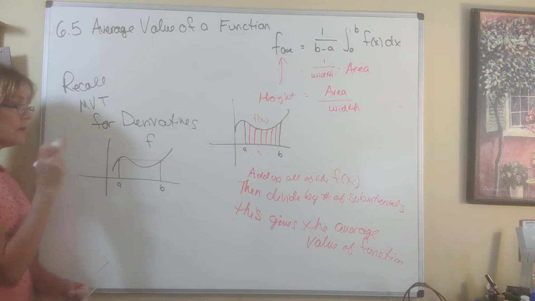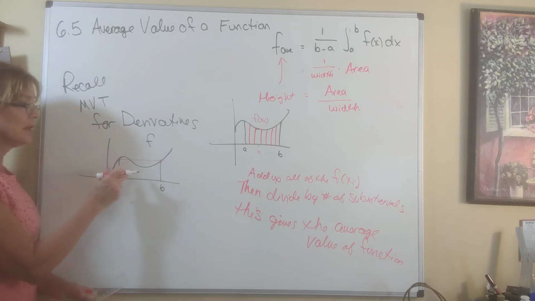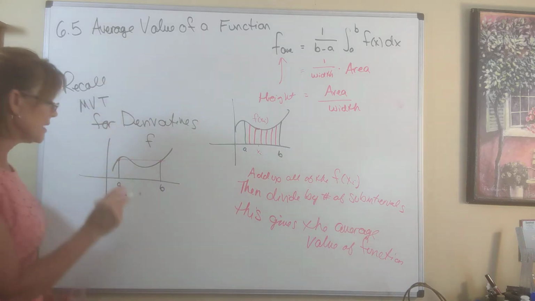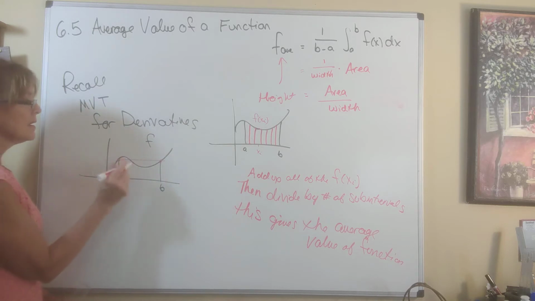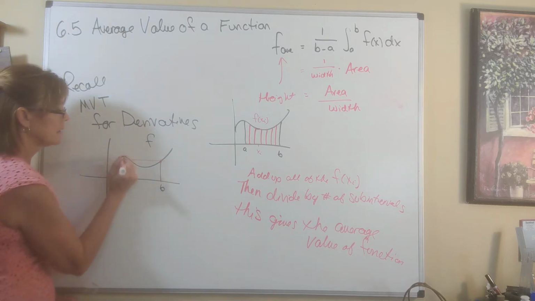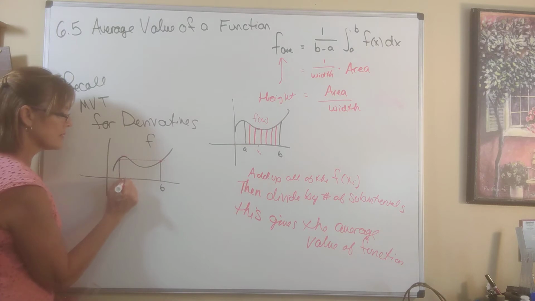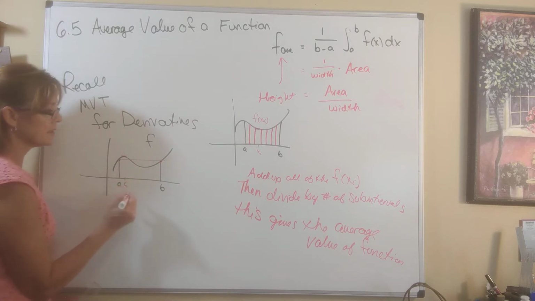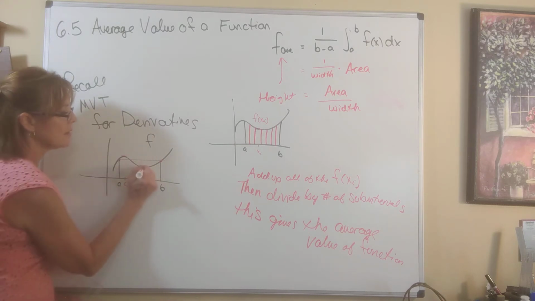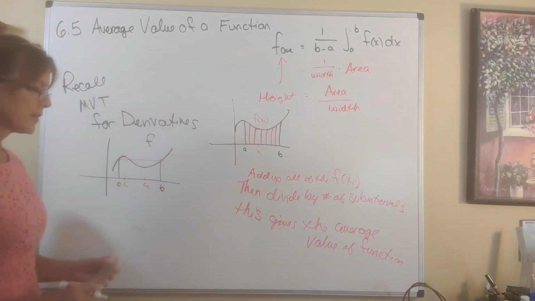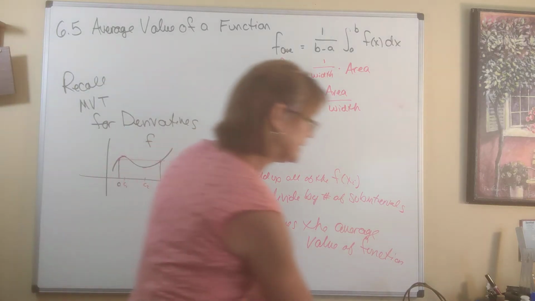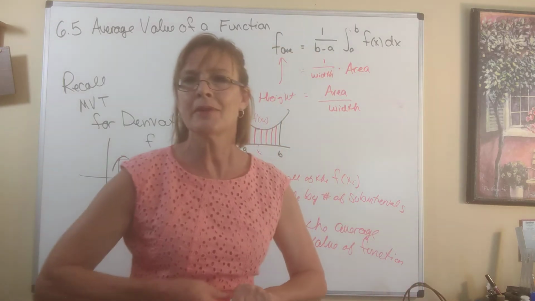What the mean value theorem says is that we are guaranteed to find at least one value of c somewhere between a and b where this slope is occurring. So right here is another horizontal slope. So this is a value of c, and I can see more than one. This is c1, and here's another one, c2. To further illustrate this, what if it didn't happen to be horizontal?